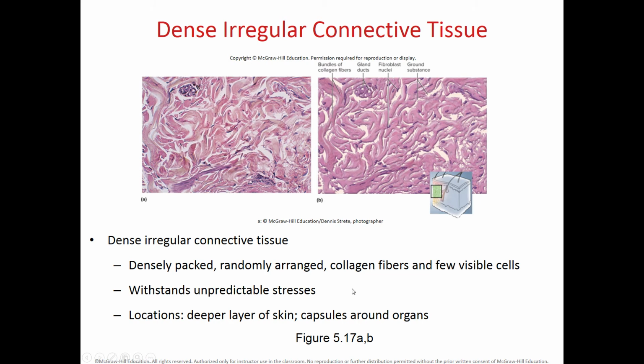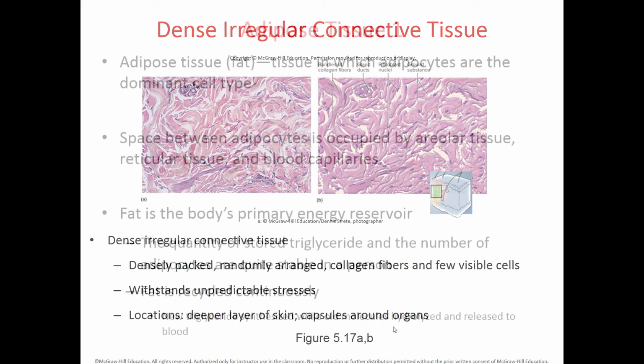So where do we have it? In areas that have unpredictable stresses, like in the case of the dermis here in the skin. So this is the deeper layer of our skin that is called the dermis. And also we have it around capsules, around organs in capsules.